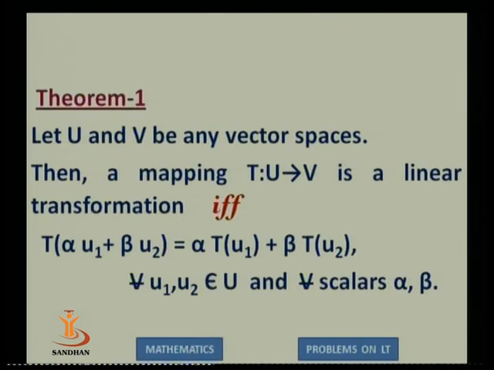By definition we have to check two conditions for a function to be a linear transformation. Here we can merge those two conditions into a single condition. If a function satisfies this one condition, then it is a linear transformation.